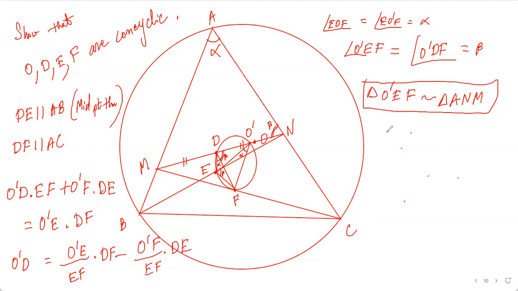From those two similar triangles, I get O dash E by EF is equal to AN by MN, and O dash F by EF is equal to AM by MN.